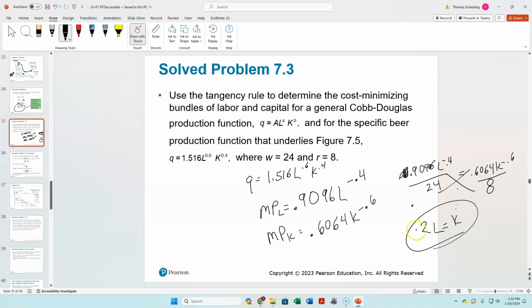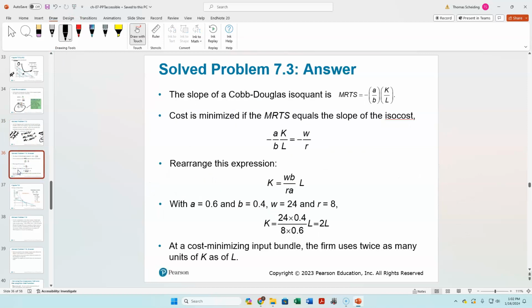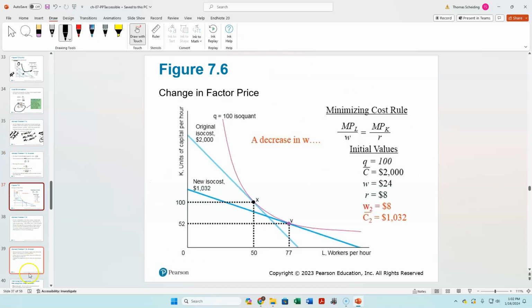So there is a difference here. Workers cost 3 times as much, and they're half as productive. So we're going to have a problem here that we're going to need to solve from a firm-wide standpoint. Okay, I'm going to pause here.